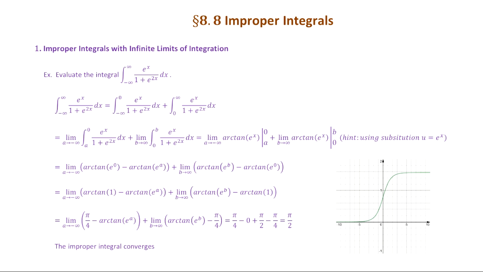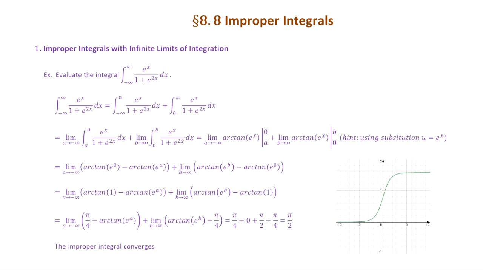Okay, I didn't mark it in here, but if you look at the green curve on the right, it flattens at 1.57, which is pi over 2. Okay, that's the value the function approaches as x approaches infinity on the right. So that's pi over 2. So then you get pi over 4 minus 0 plus pi over 2 minus pi over 4, and the answer is pi over 2.